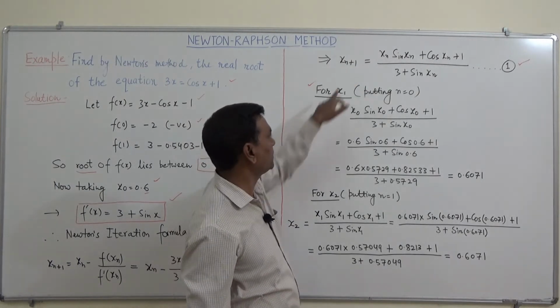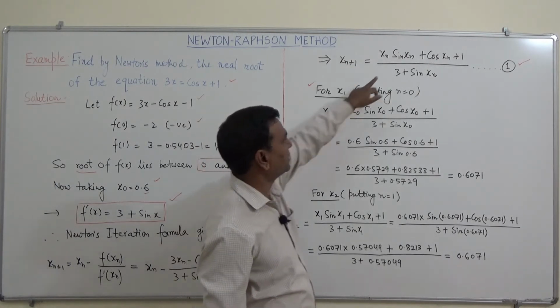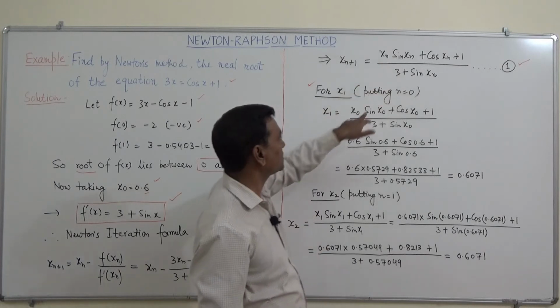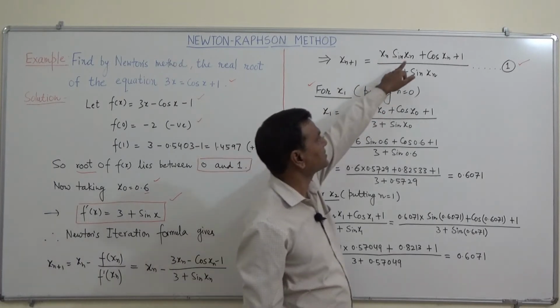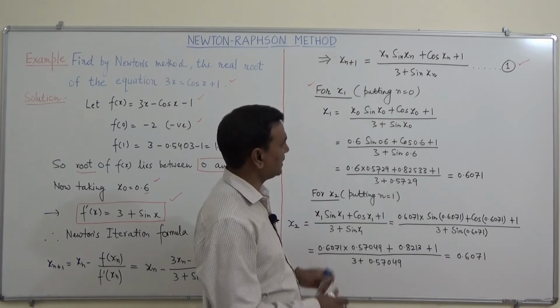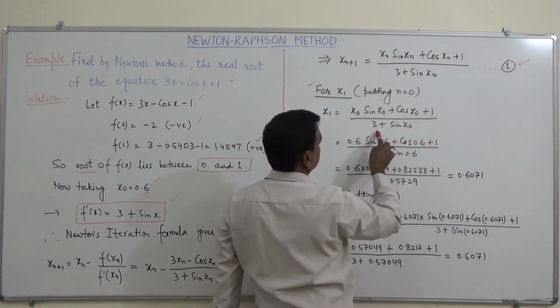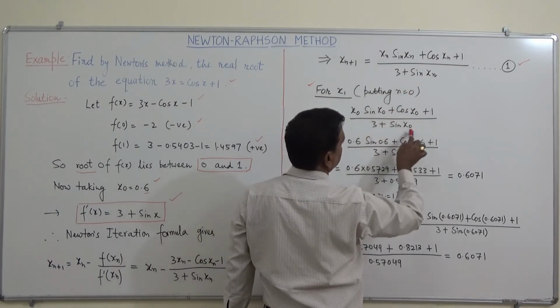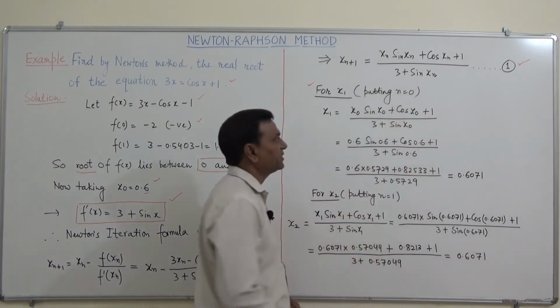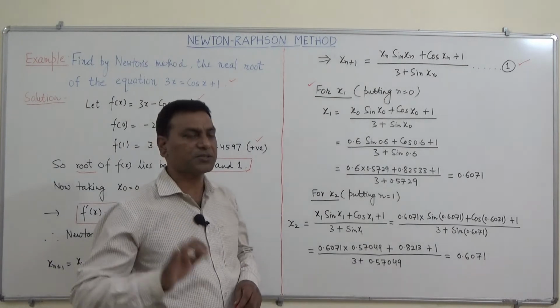So it comes out to be x1 equals x0 sin x0 plus cos x0 plus 1 divided by 3 plus sin x0. Simply we are putting n equals 0 here.